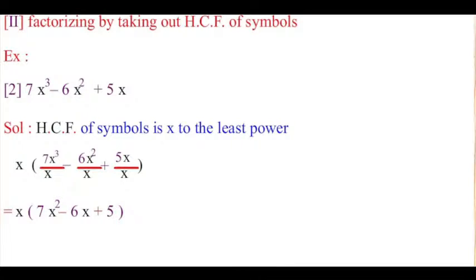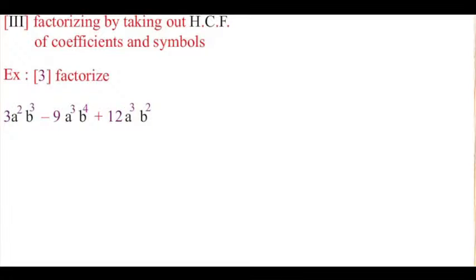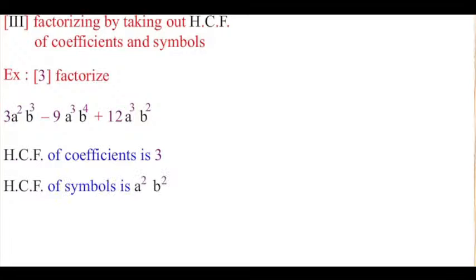Factorizing by taking out HCF of coefficients and symbols. Example 3. Factorize 3a squared b to the power 3 minus 9a to the power 3 b to the power 4 plus 12a to the power 3 b squared. The highest common factor of the coefficients is 3, and the highest common factor of the symbols is a squared b squared.